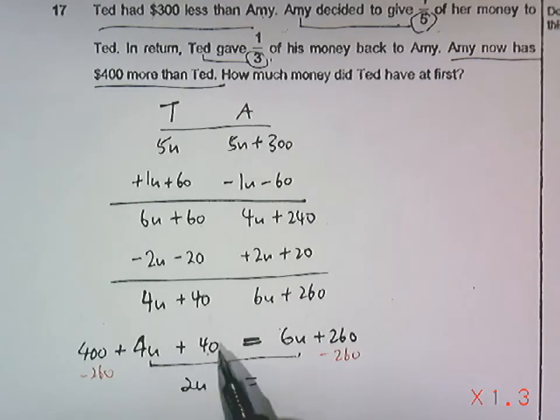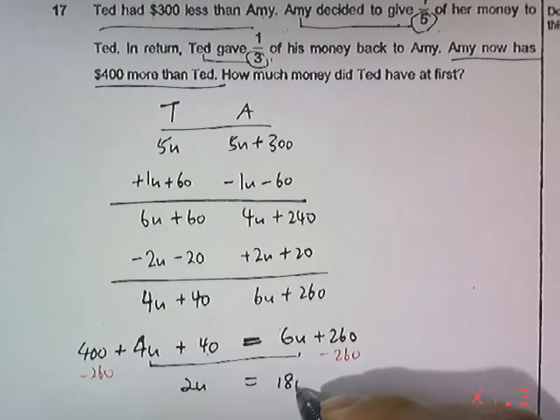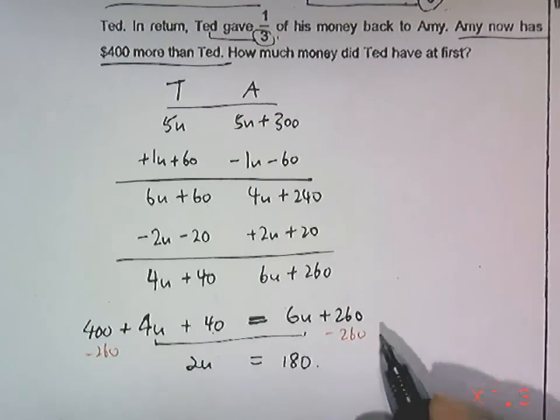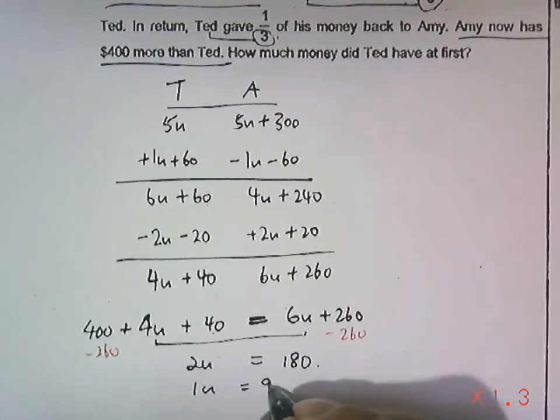That will be 180. Checking again, 400 plus 40 minus 260 gives me 180. So 1 unit goes to 90.